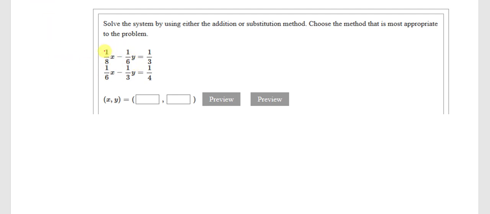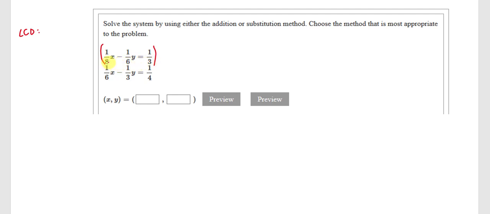So again, to simplify the fraction, I must multiply the whole equation by the LCD, right? In this case, we see that this is number 8, number 6, number 3. What is the LCD for that? What is the number that you can divide all 8, 6, and 3?